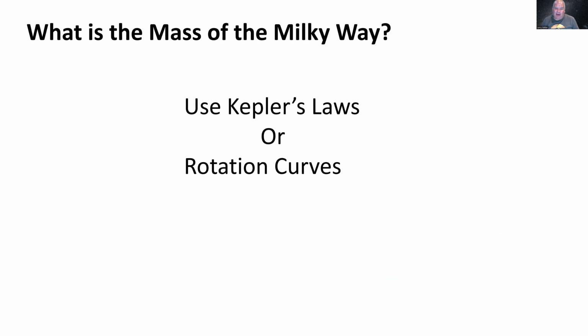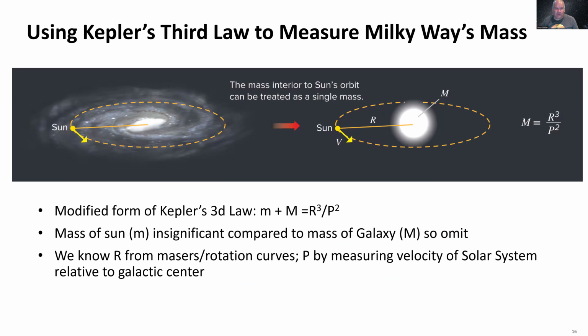How do we determine its mass? Astronomers have used two different ways to infer the total mass of the Milky Way, using Kepler's laws and rotation curves. So remember, Newton's modification of Kepler's law can be written as the mass of the two bodies orbiting each other.